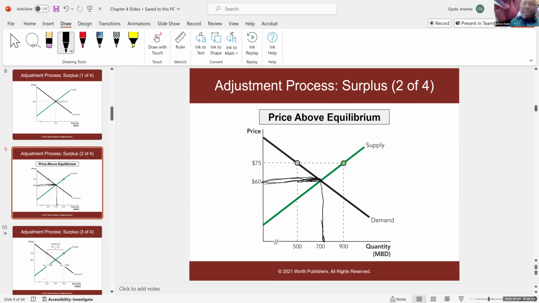Okay, now what if the market price turned out to be 75? You draw a line, see the dotted line from 75, you hit the demand curve, which is the black line. You read the quantity, and that means the buyers of oil want to buy up to 500 million barrels a day when the price is $75.